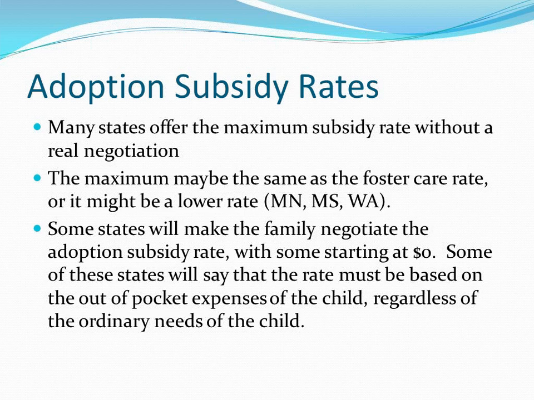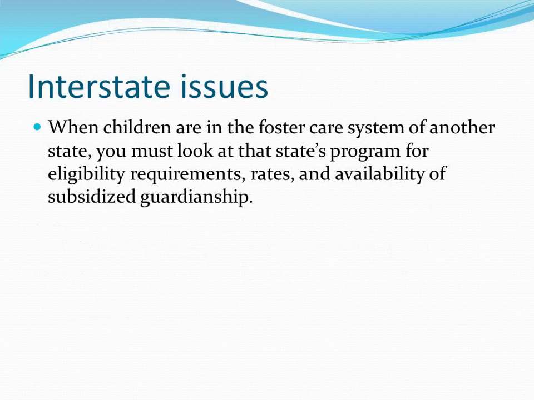Interstate issues. The one question I got before I just started here is about interstate issues. When children are in the foster care system of another state, you have to look at that state's program for eligibility requirements for adoption subsidy, the rates for subsidy and guardianship, subsidized guardianship, and whether or not they have subsidized guardianship.